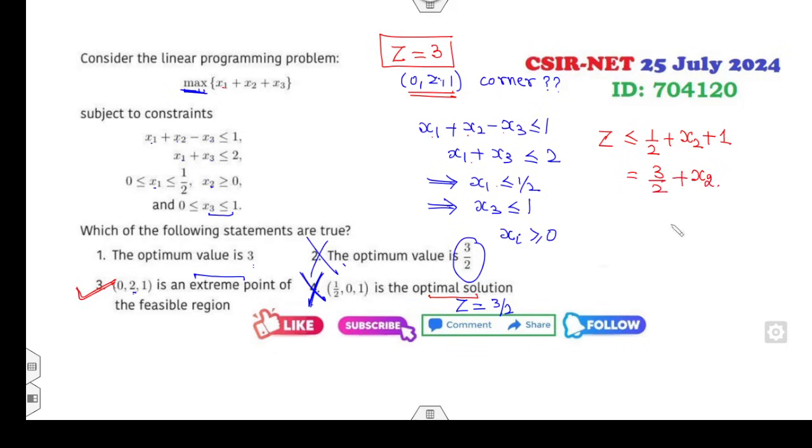Now we will see whether x2 will be 0 or not. If x2 is 0, then the maximum value will be 3/2. So what is the value of x1 if x2 is 0? From here we can never find that. Anyhow, we can see x1 is half plus x2, and the upper value is 1.